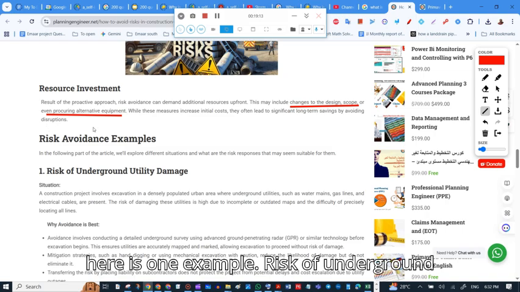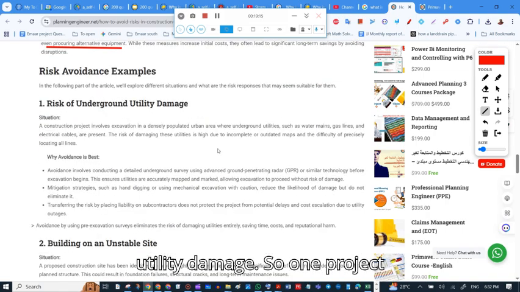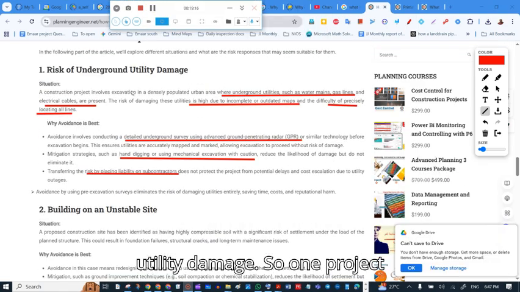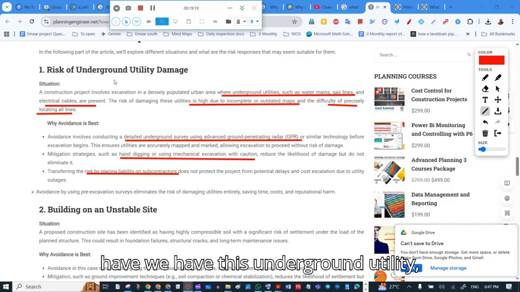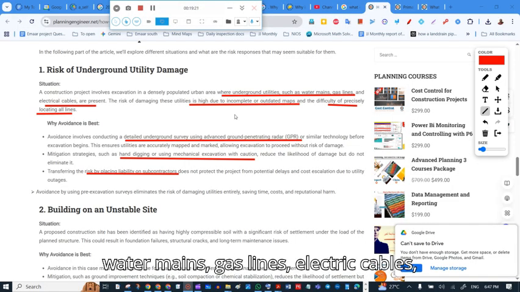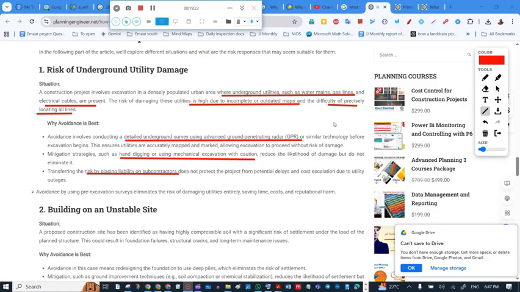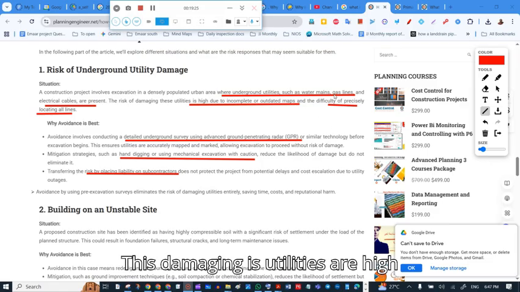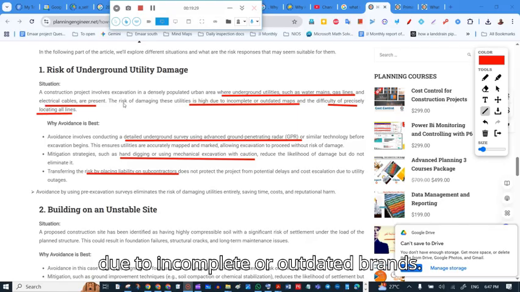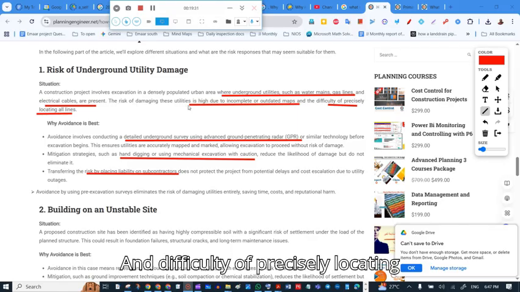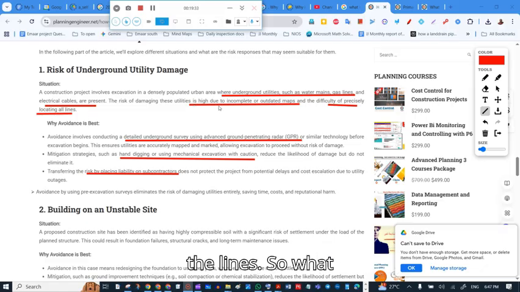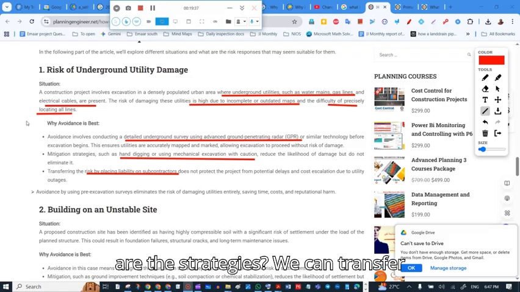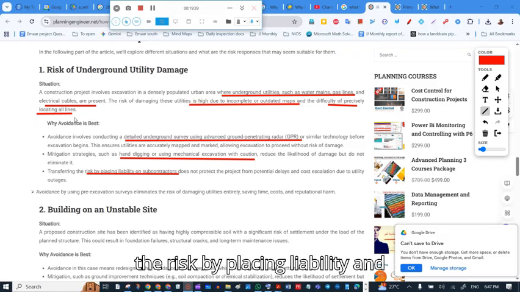So here is one example: the risk of underground utility damage. In one project we have underground utilities such as water mains, gas lines, electrical cables, etc. The risk of damaging these utilities is high due to incomplete or outdated plans and the difficulty of precisely locating the lines. So what are the strategies? We can transfer the risk by placing liability on the subcontractors.